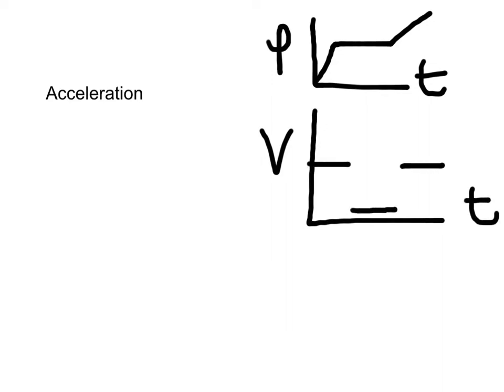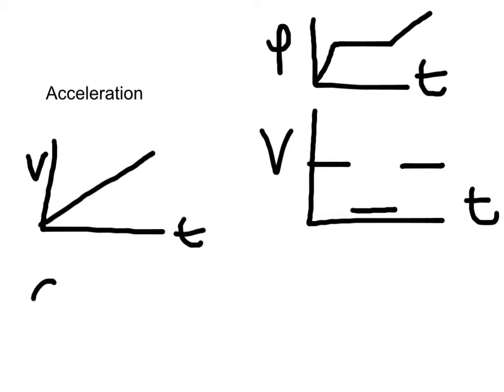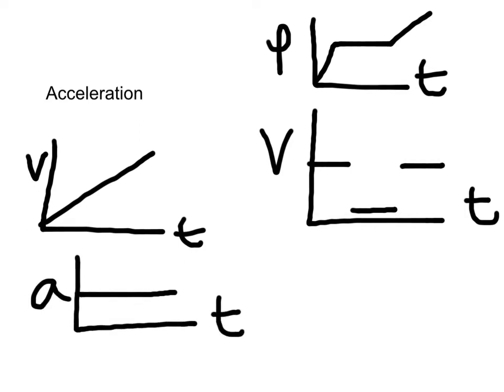Bottom one's 0, by the way. Acceleration is also the change in velocity. So an acceleration graph would be the slope of a velocity graph. So if this is a velocity time graph, the acceleration time graph would be like this. Okay, so acceleration is the slope of velocity.